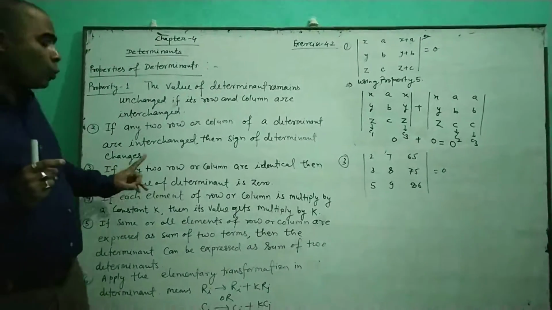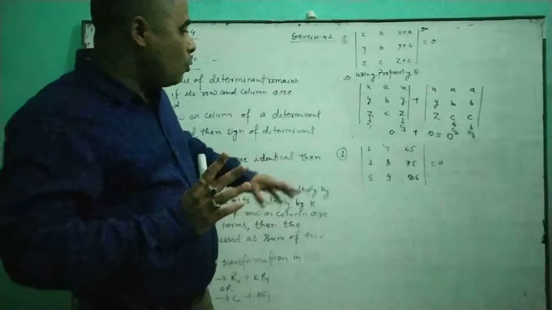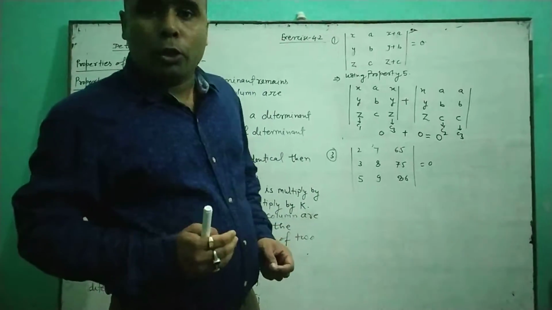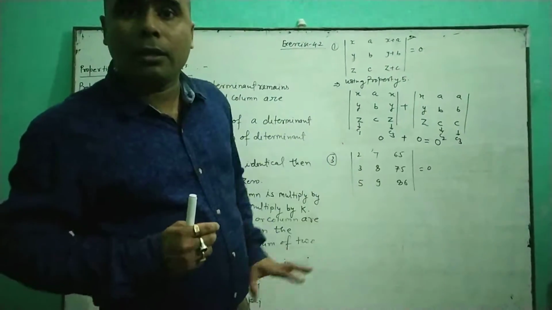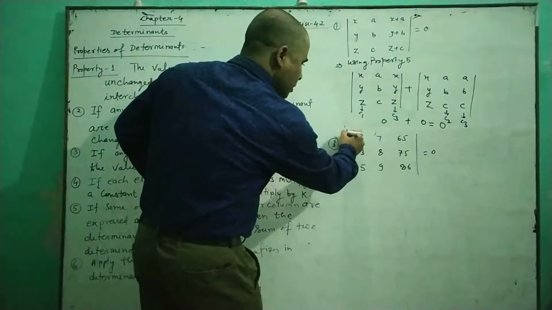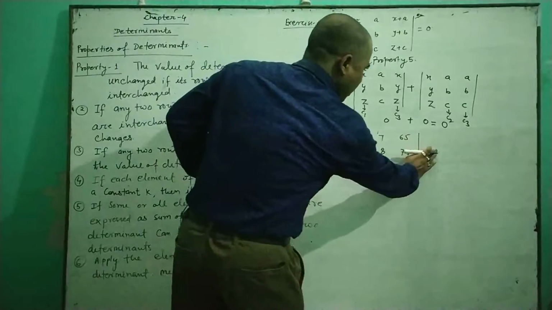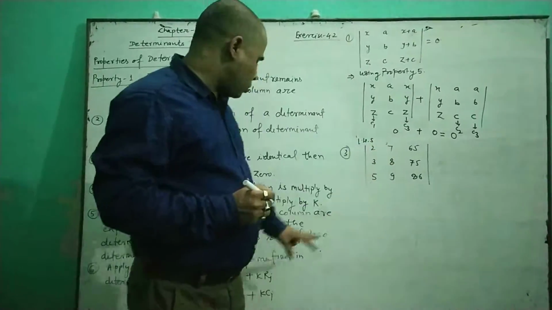It means if two rows or columns are identical, then the value of the determinant will be 0. Now we have to try to show that any two rows or two columns are identical for that. This is the left hand side, and we have to remember this is equal to 0. Now we have to use the property here.